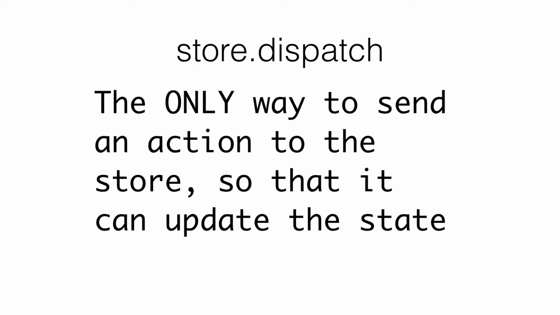The contract Redux makes you sign, basically, is that the only way you'll change the state is through actions. And in return, what you get is a high degree of predictability. Because you know that the state of your application only changes in these predefined ways, it's easy to log all of the things that are changing the application state and how they change it.